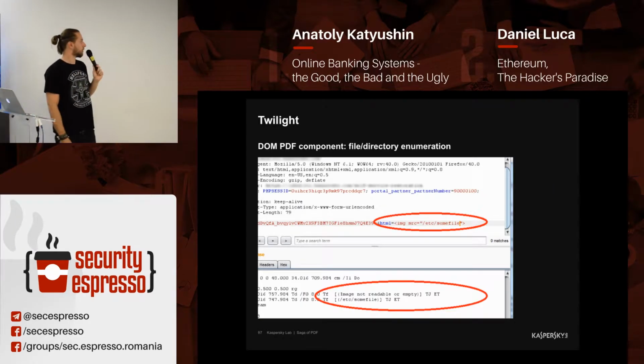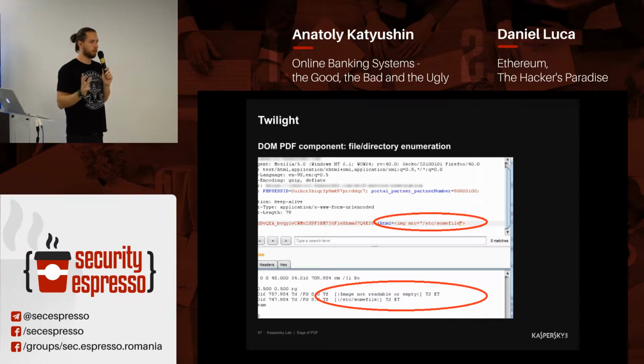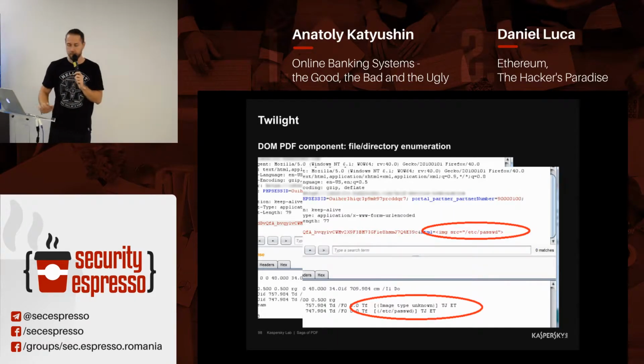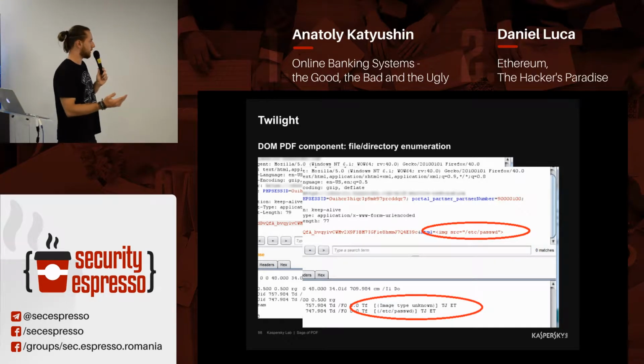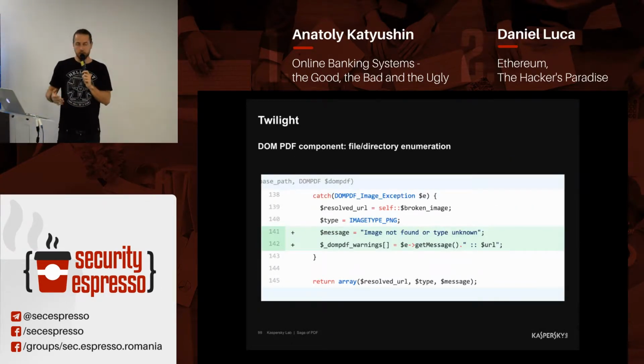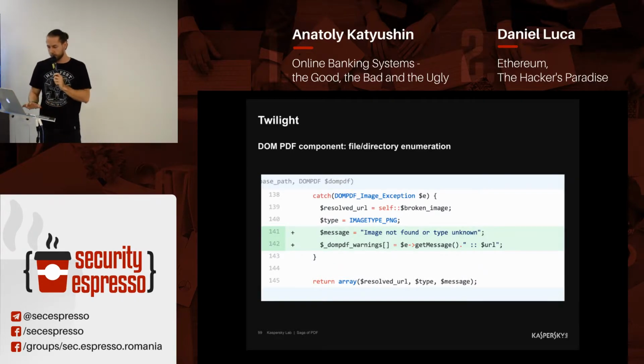So you could send something like image, source, and target to a file. If the file is absent, the error will be image not readable or empty. And if the file exists, the error will be like image type unknown. Later on we submitted the vulnerability to DOM-PDF. They closed it, they patched it.